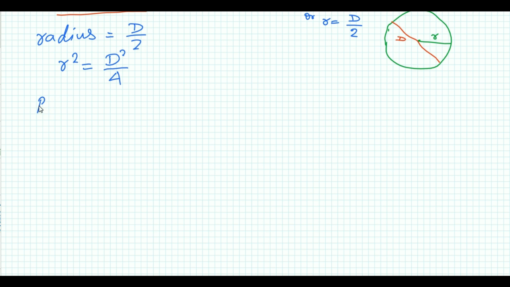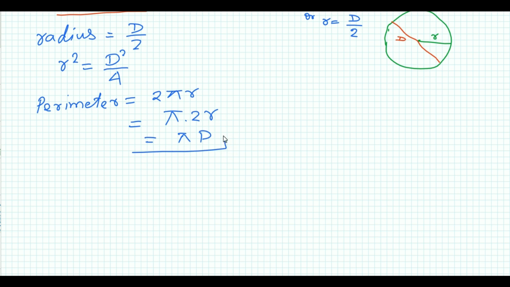That means the perimeter equals 2 pi r, or in terms of diameter we can write pi into 2r, that means it is equal to pi d. In terms of diameter it is pi d, in terms of radius it is 2 pi r.